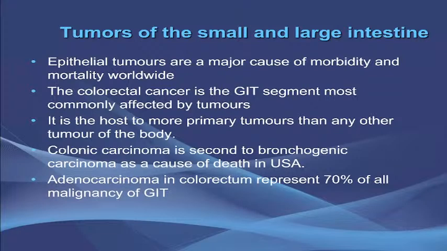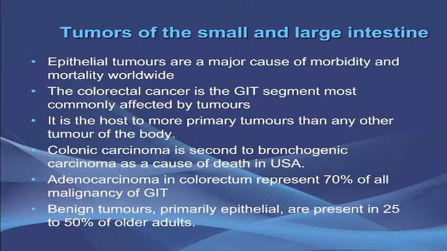In the GI tract, adenocarcinomas, or malignant tumors of the epithelium or mucosa, represent about 70% of all malignancies. Then the mesenchymal tumors and lymphomas account for the rest.